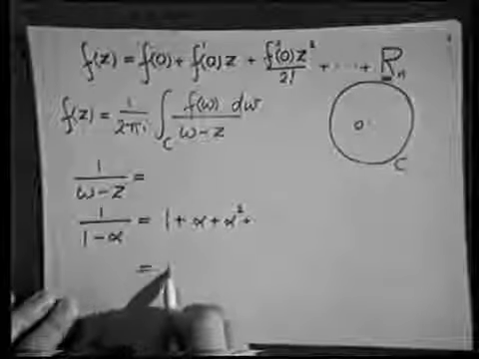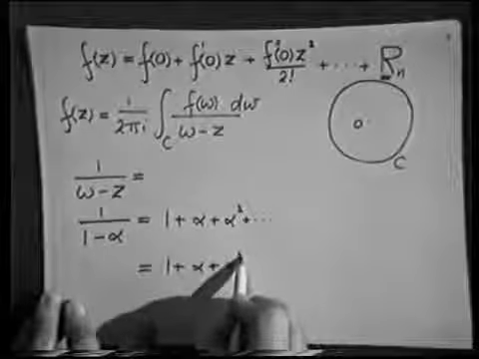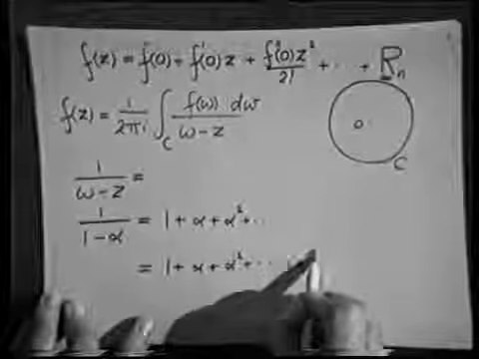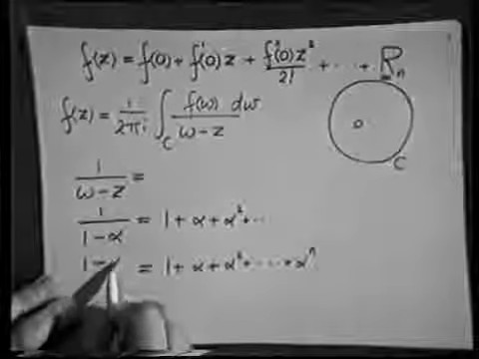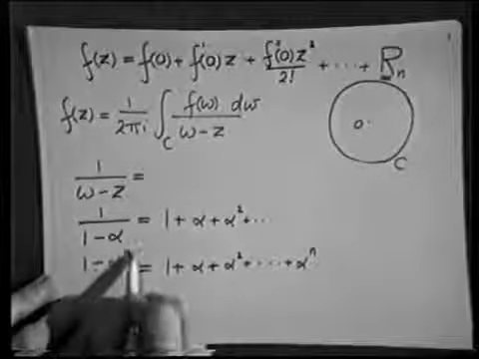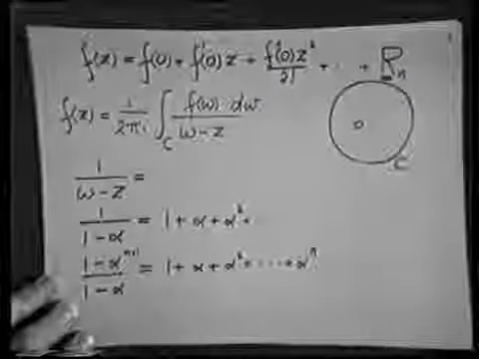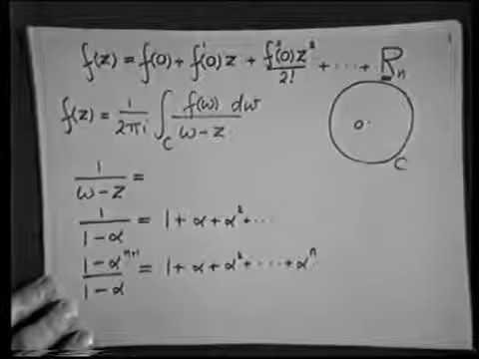Well, I'm sure you remember the geometric series from your school days for a finite number of terms. So suppose we go as far as alpha to the power n. That sum is 1 minus alpha to the n plus 1 over 1 minus alpha. That's the sum to n terms of a geometric series.